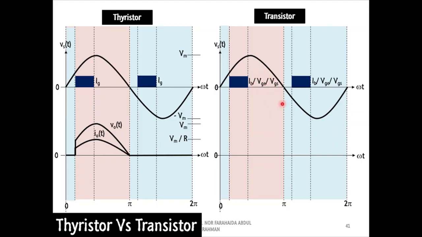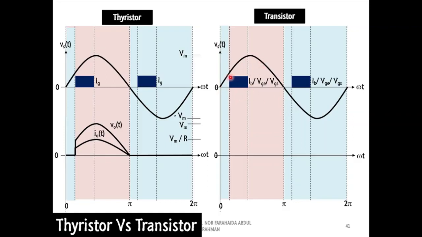It depends on the type of transistors, and I have discussed it in the previous explanation related to the gate signal requirement. Now, let's focus on the regions during the positive half cycle of the supply voltage.